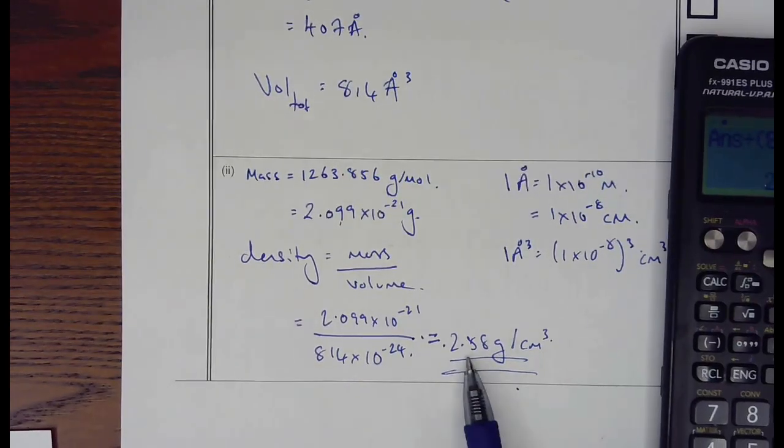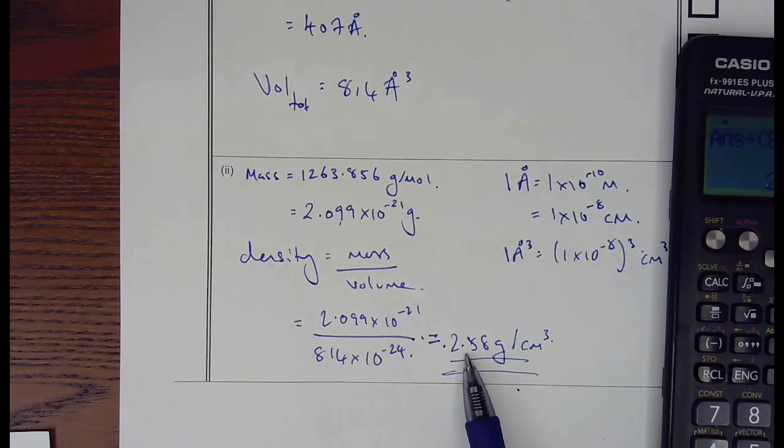So if this comes out as like 300 grams per centimetre cubed, it's far too dense, and you know you've made a mistake. Likewise, if you get 2.58 times 10 to the minus 5, this is obviously not going to be true either. We're dealing with a solid crystal here, so we should expect something a little bit more dense than water. So 2.58 grams per centimetre cubed is a sensible number to get.